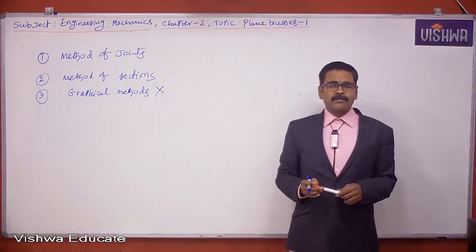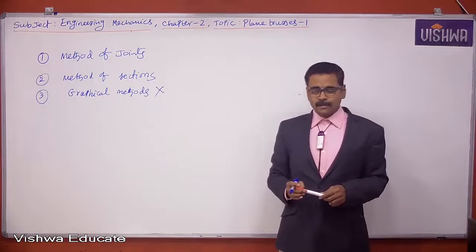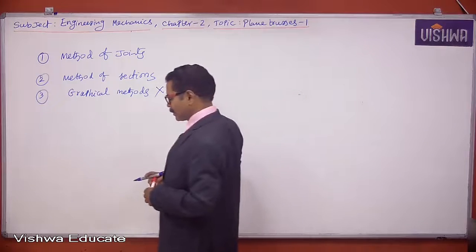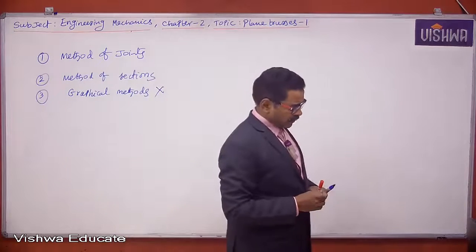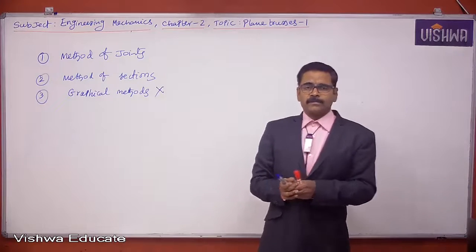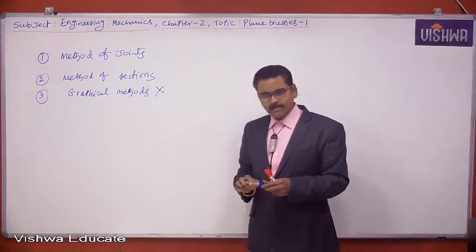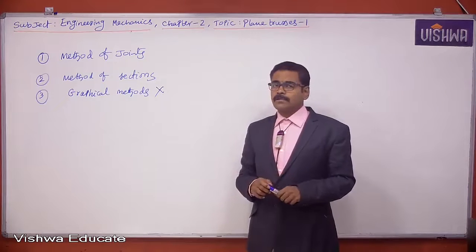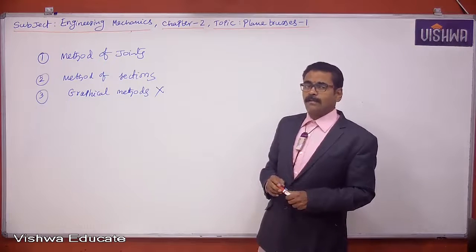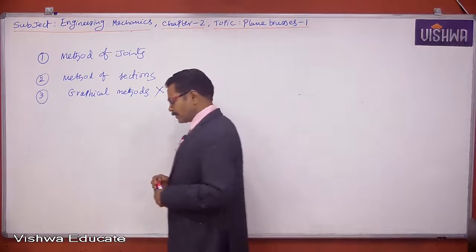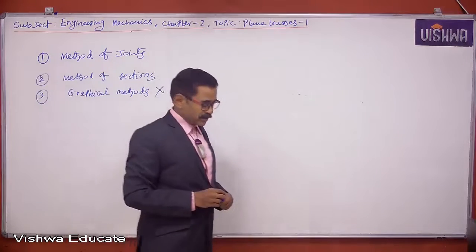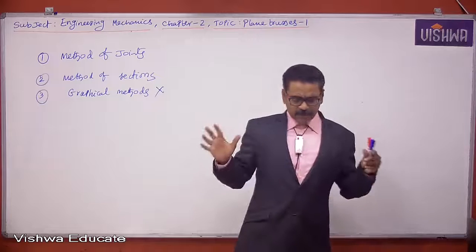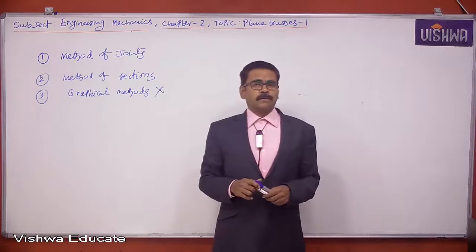But before learning what method of joints and method of sections are, we should understand 3 shortcuts. There are 3 shortcuts while performing analysis on plain truss. Many times, without performing any analysis, you can understand the load carried by a particular member by using these shortcuts. They are very handy.